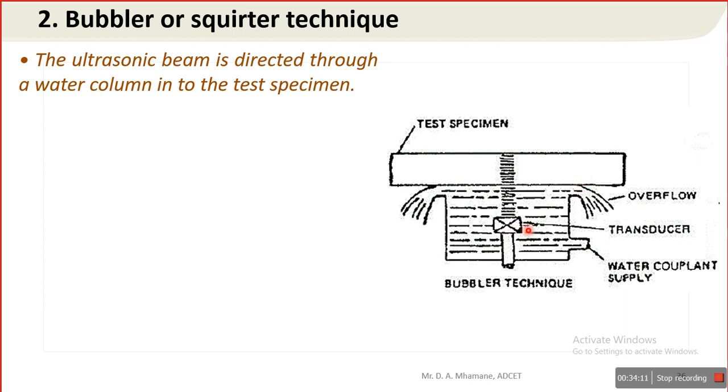Means it is also one type of immersion testing. The transducer is immersed in the water, but instead of steady water, water is continuously flowing into this pot. So we get fresh water between the interface of the probe and the component.